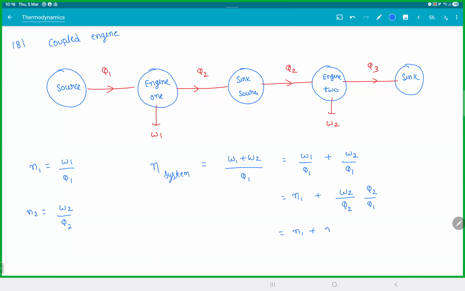That would be eta 1 and that would be eta 2. And what is Q2 by Q1? That is nothing but Q1 minus W1 by Q1. That would be eta 1, eta 2, 1 minus W1 by Q1, which is again eta 1. So you end up with eta 1 plus eta 2 minus eta 1 eta 2.